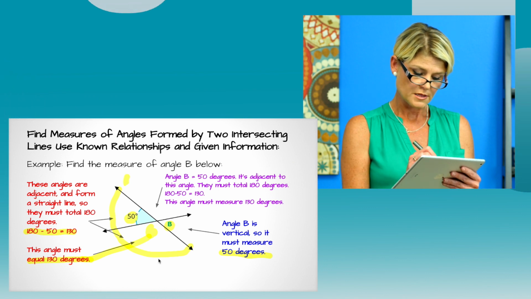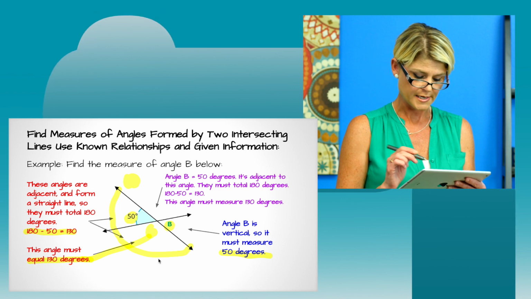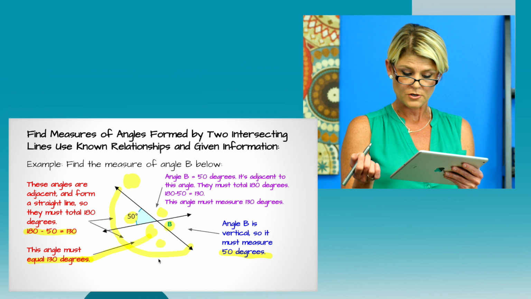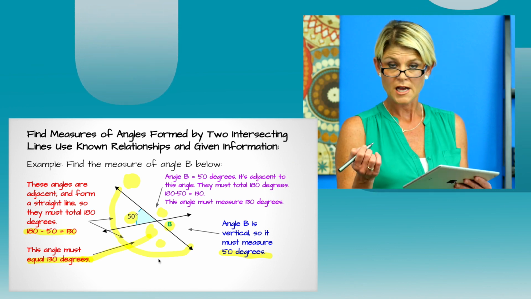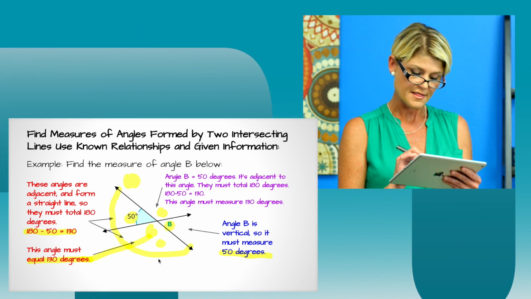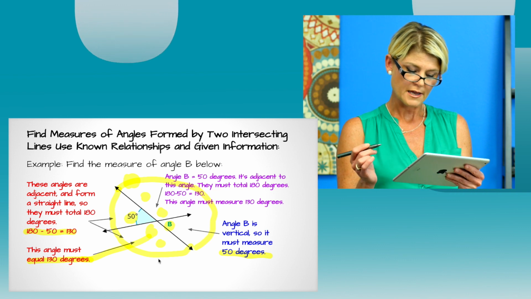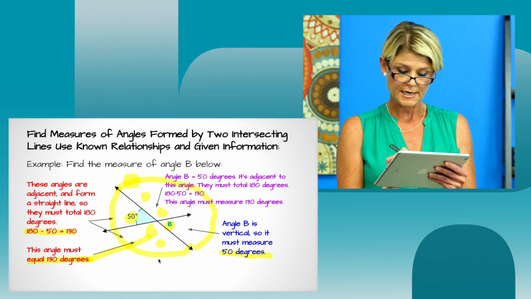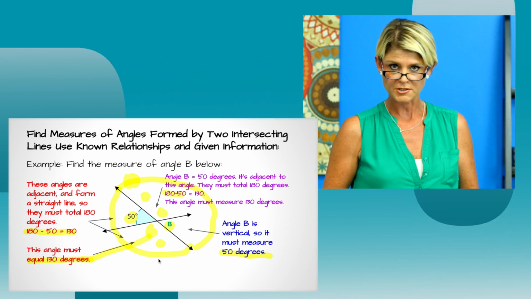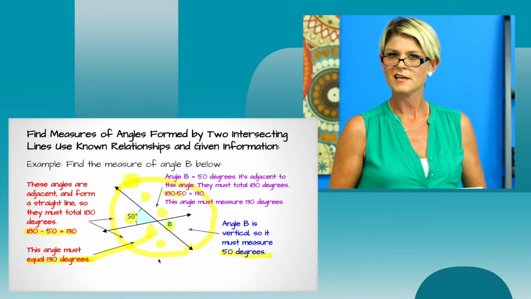That leaves only this angle that I need to worry about, and I could do this one of two ways. Knowing that this angle is 130 degrees and this is its vertical, then I know that will be 130 degrees as well. Or I could think about the fact that this angle is adjacent to angle B, which is 50, so I could say 180 minus 50 is 130. So there are several different ways to find those measurements, but all in all, it's pretty easy if you can remember adjacent angles and vertical angles.